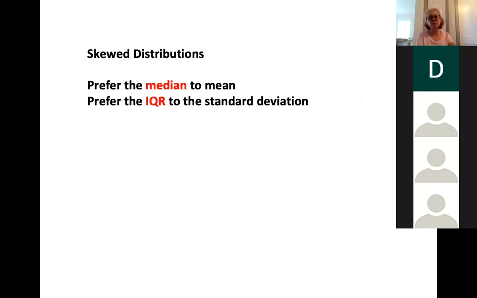If your distribution is skewed, there's going to be a problem. The mean and the standard deviation aren't going to be representative of the data. They're going to be inflated or deflated. So you're going to prefer the median and the IQR when you have skewed distributions. If it's symmetrical, go with the mean and the standard deviation.